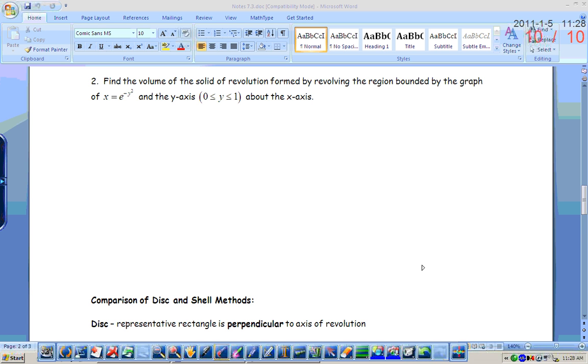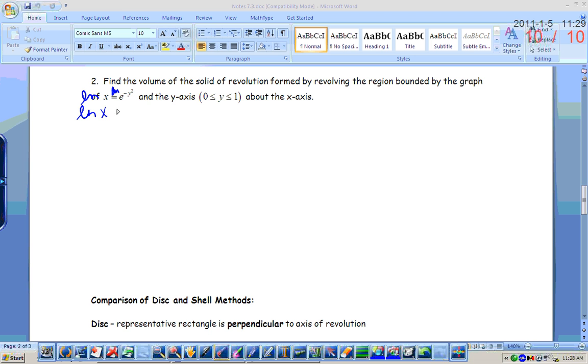Find the volume of the solid formed by revolving the region bounded by the graph of x equals e to the negative y squared and the y-axis between 0 and 1 about the x-axis. Well, how on earth am I going to graph x equals e to the negative y squared in terms of y? Let your calculator do it. Can you graph x equals in your calculator? Yeah, take the natural log of both sides.